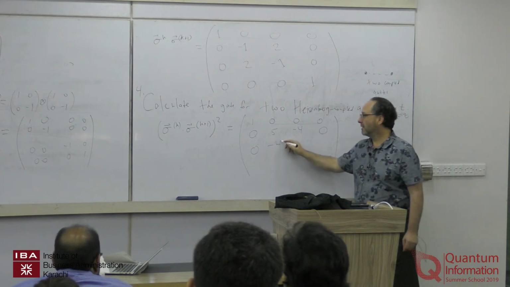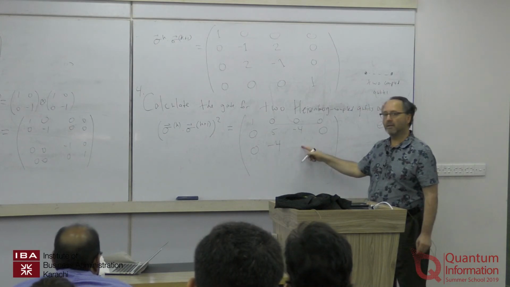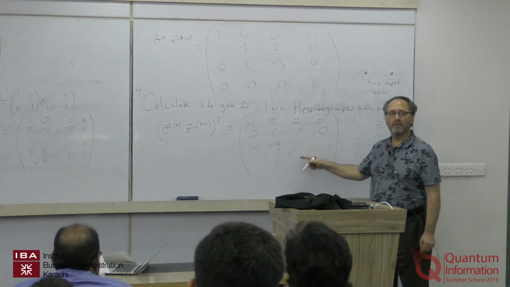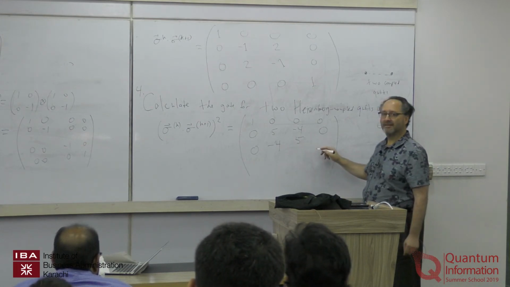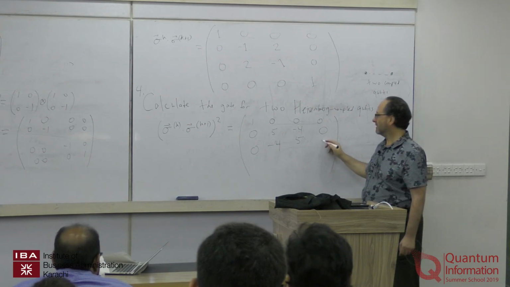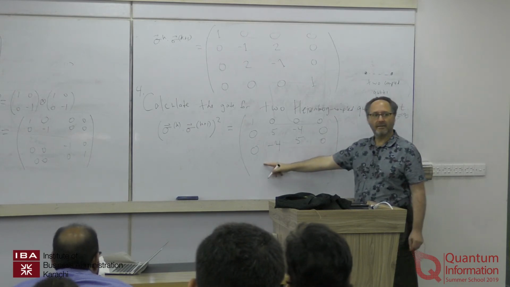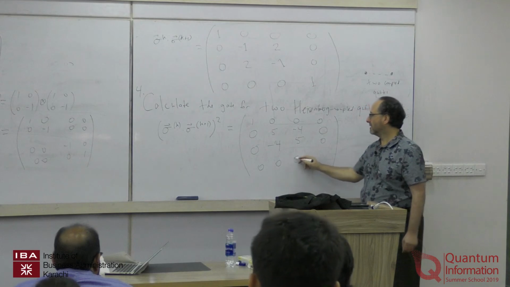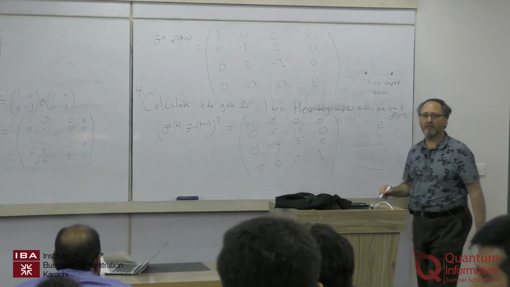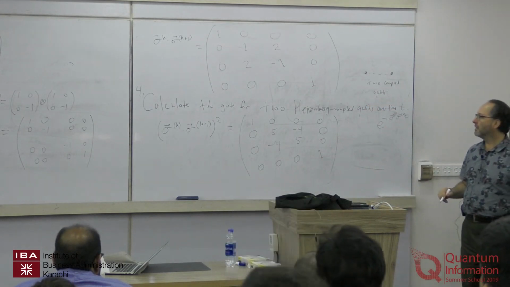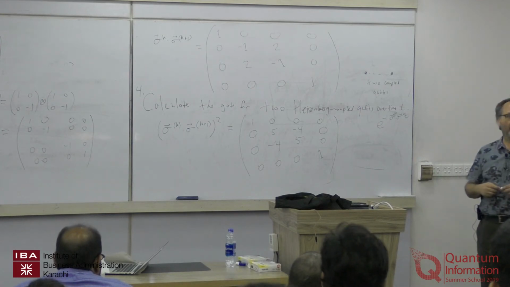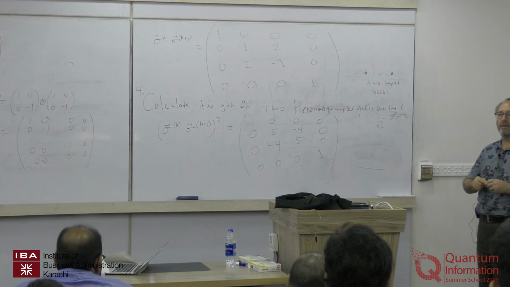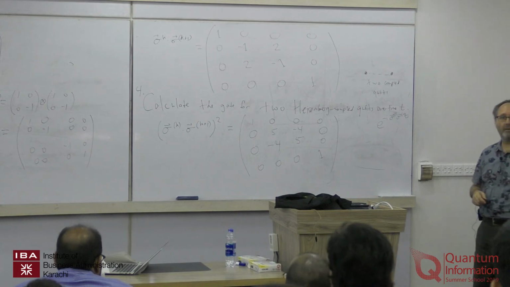Minus 4? 0? Okay, does that look right? Okay. Well, it's not a multiple of identity, is it? So shall we keep going?